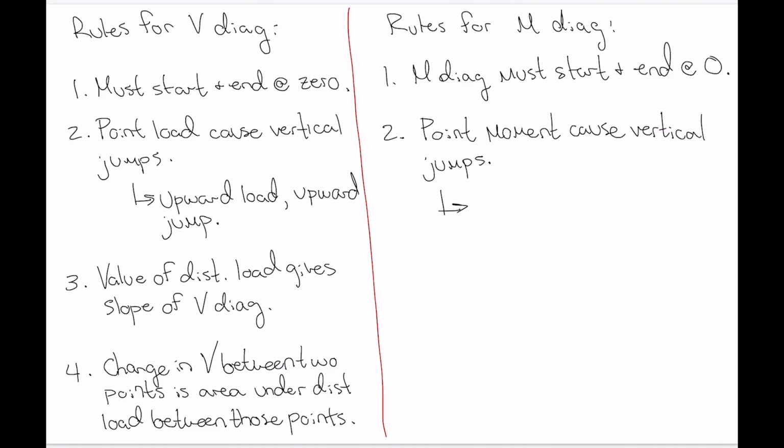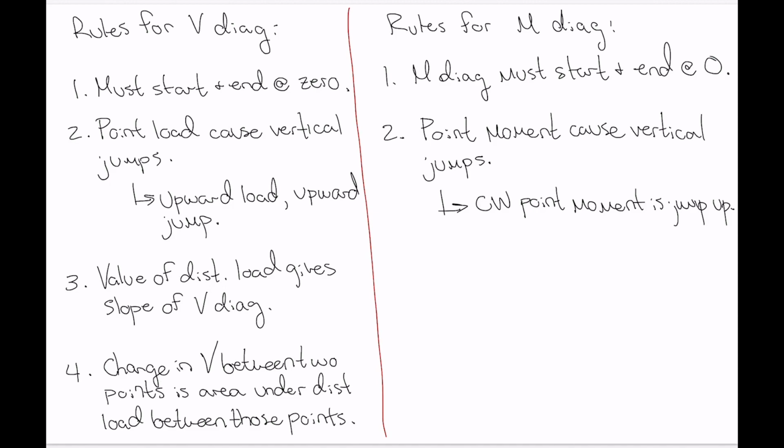And if the moment is counterclockwise, it's a jump downward. In either case, the size of the jump is equal to the value of the point moment. So clockwise point moment is jump up.